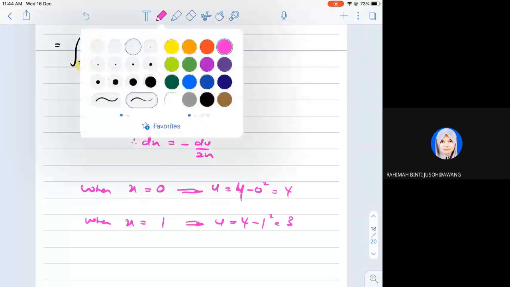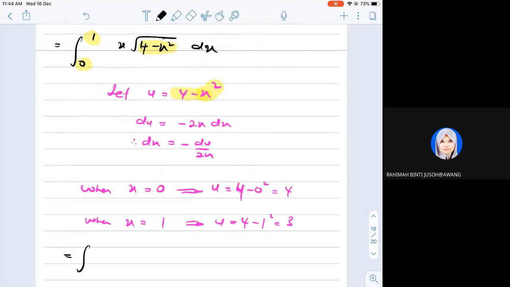Limit 0 tadi jadi 4, limit 1 dekat atas tadi jadi 3. Saya follow yang saya dapat ni, 4 and 3. So limit 0 becomes 4, limit 1 becomes 3. So saya ikut position dia lah.